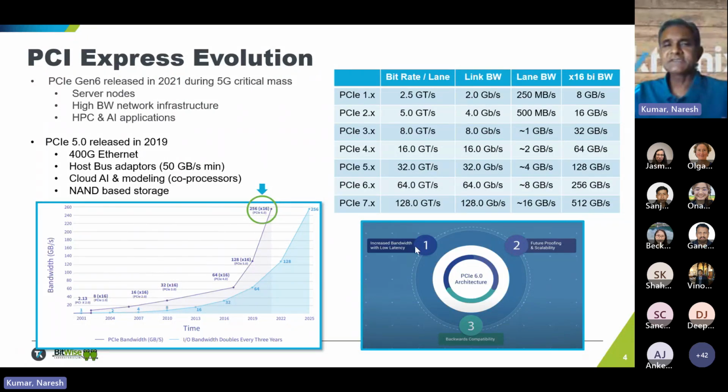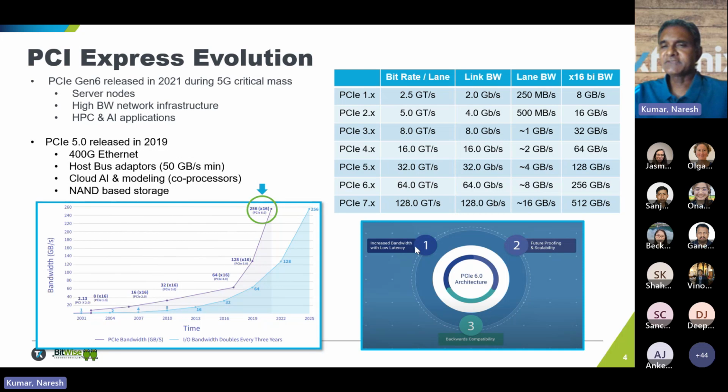Okay, over the years, this technology has seen revisions, as they call it, as generations of Gen 1, Gen 2, Gen 3, etc. And each generation has been typically doubling the overall bandwidth or the data transfers that are possible with this technology.